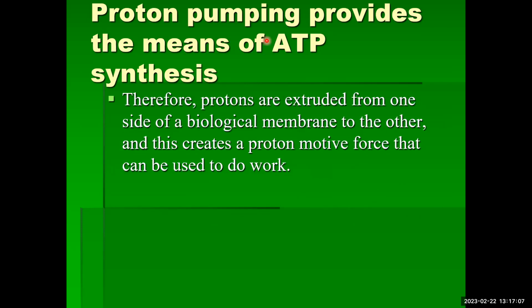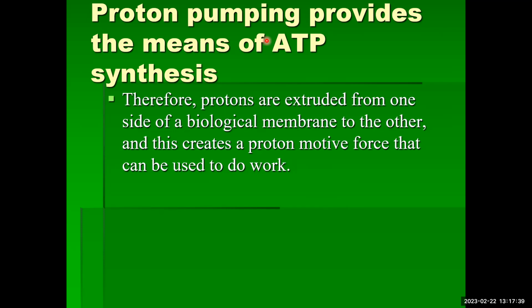Protons get extruded into the thylakoid lumen. That creates a stark pH difference between the thylakoid lumen and the stroma. Because the stroma is being deprived of protons, it becomes relatively alkaline. pH inside the lumen of the thylakoid, however, becomes rather acidic. Therefore, you have a remarkable capacity for work.